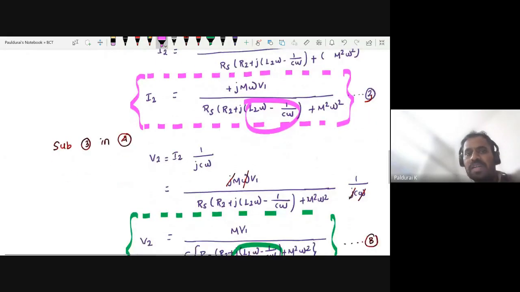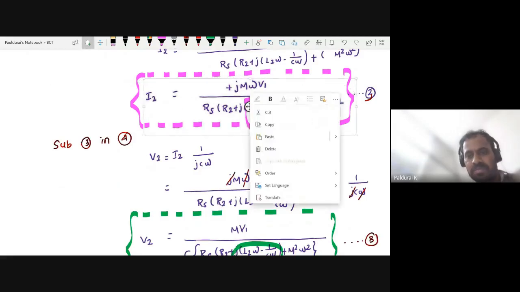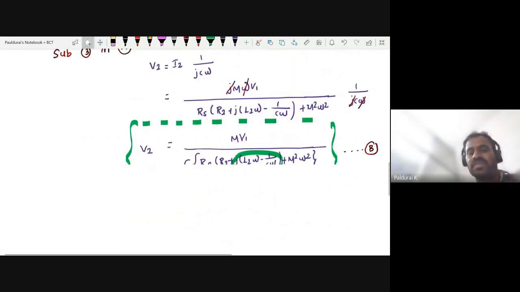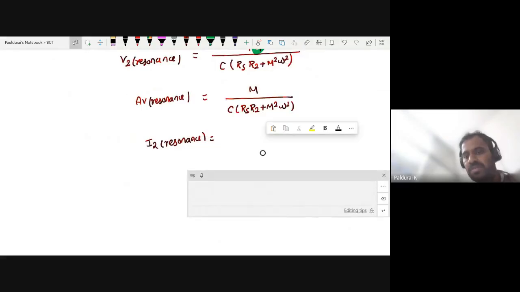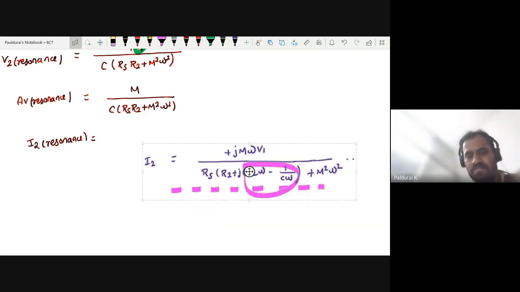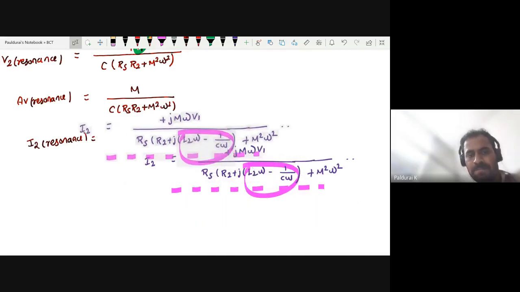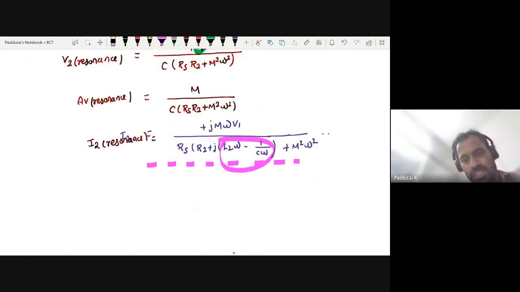Let me do one thing, let me copy this and paste it here. So this is my I2, but here you want to make this one as 0.